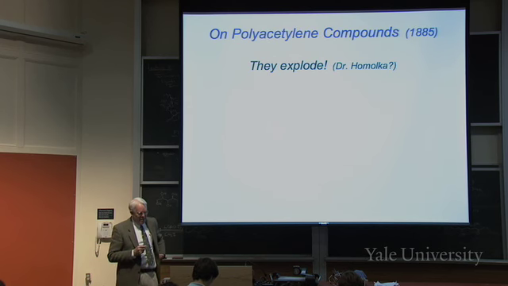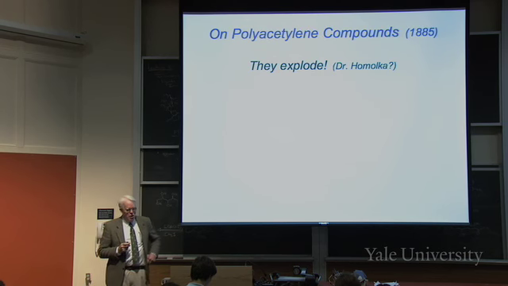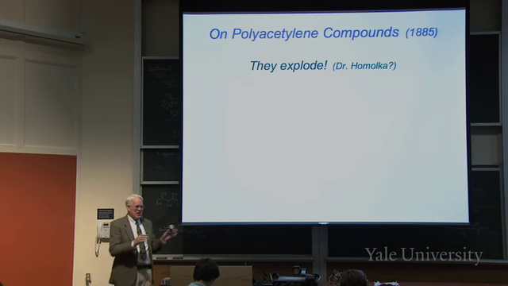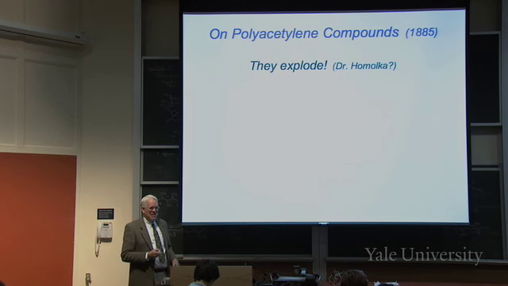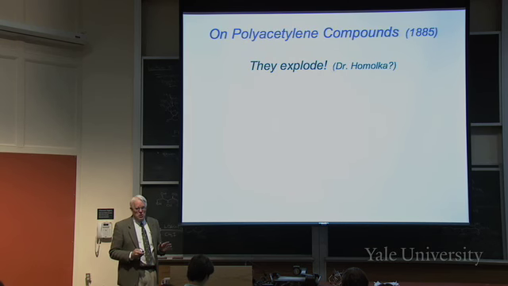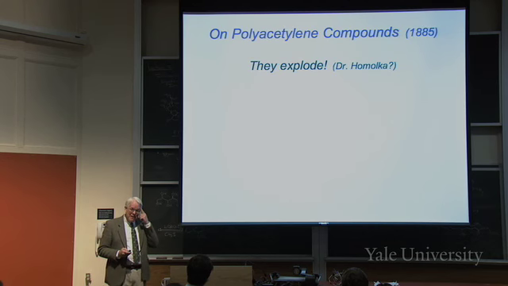He had a collaborator named Dr. Homolka, who he thanks for doing some of the experiments in this paper. Dr. Homolka does not appear in the 1893 picture. I suspect that he just graduated, got his degree, and went to be gainfully employed someplace, but who knows. Anyhow, polyacetylenes are explosive. And this got Baeyer thinking, why should just a regular old hydrocarbon be explosive?